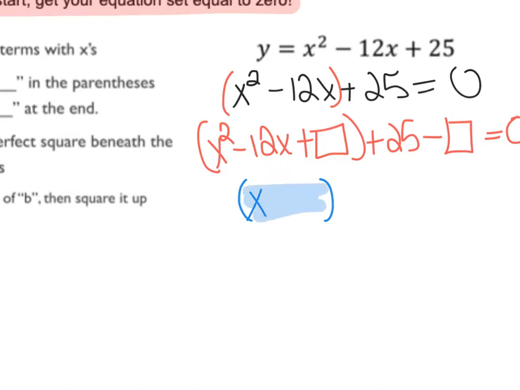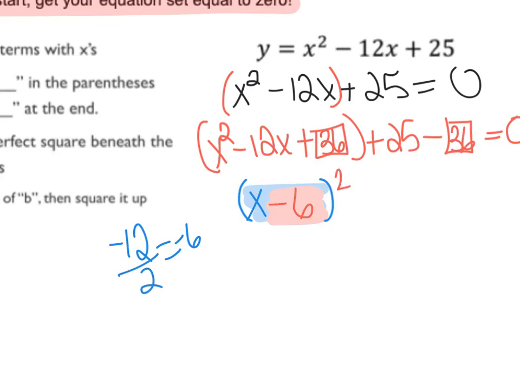So b equals negative 12. Negative 12 divided by 2 is negative 6, so we're going to go minus 6 in here. And then you square it, meaning you take your negative 6 and square it, and that's what goes in your boxes. So you're going to have plus 36 and minus 36.